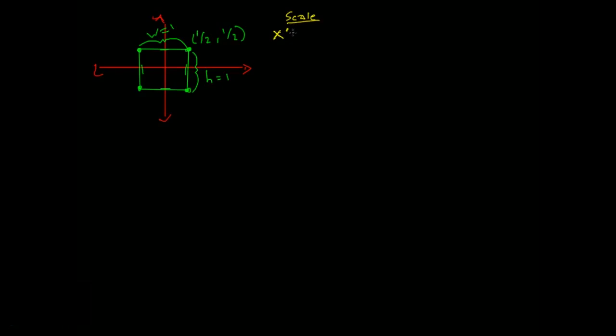So we can say x prime is equal to some scalar in x. Let's call it as sx. So the scalar can be a negative value or a positive value, and scalar into the original x value. So we get x prime as equal to sx into x.